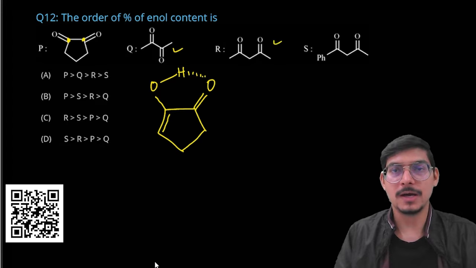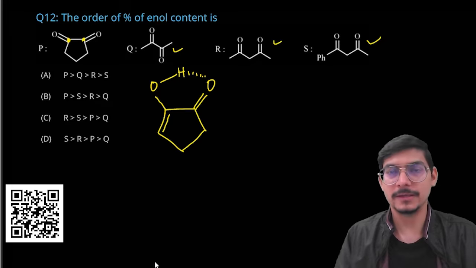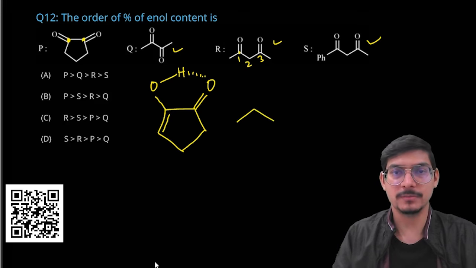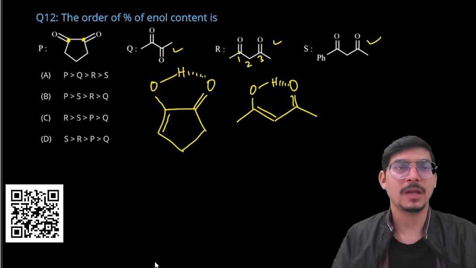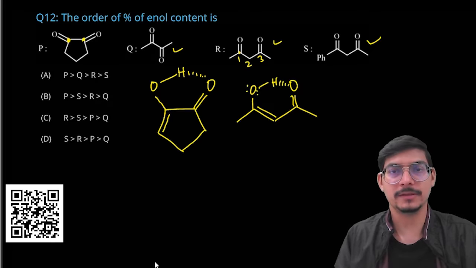Out of Q, R and S, R and S would form more stable enol because these are 1,3 dicarbonyl compounds, and 1,3 dicarbonyl compounds form very stable enol because of intramolecular hydrogen bonding and resonance. So for example, if we draw the enol of this molecule, then we can see here that there is hydrogen bonding here, as well as there is resonance because we have this lone pair and then double bond and then double bond like this.